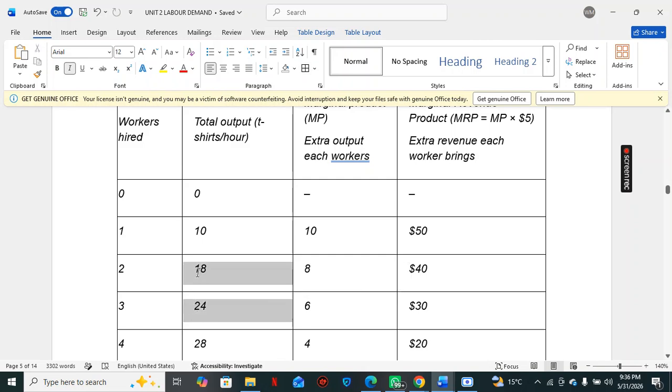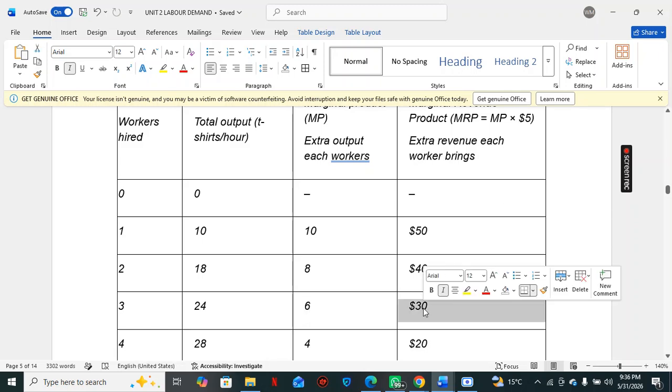So 24 minus 18, the third worker has brought 6 extra shirts. The extra revenue from these 6 extra shirts, 6 times $5, is $30.